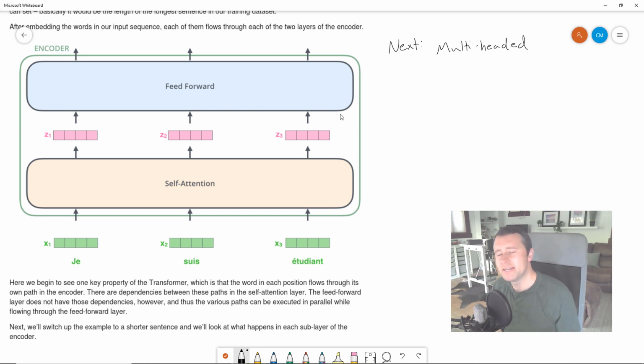And multi-headed attention is going to explain a few things that we've ignored so far. It's going to explain why we need this neural network. And then it's also going to explain why the query, key, and value vectors are 64 features and not 512.